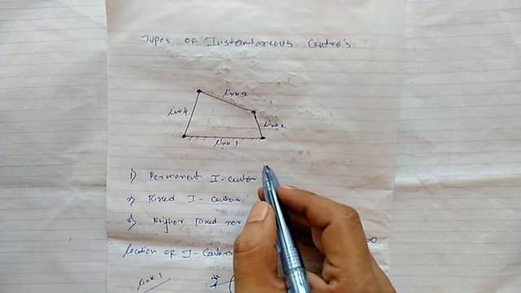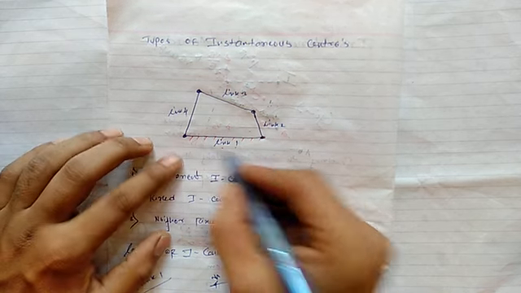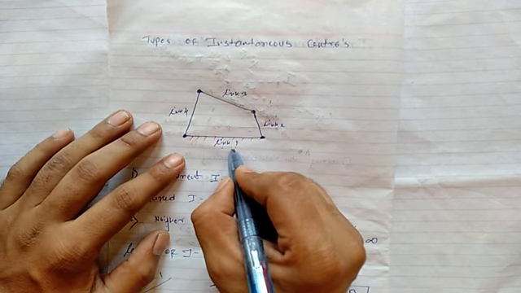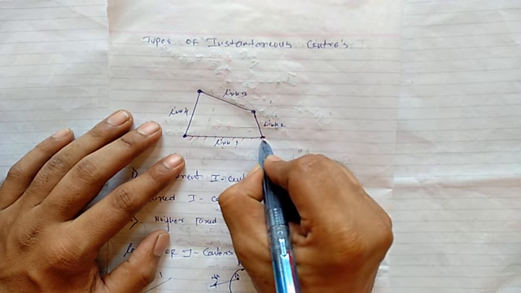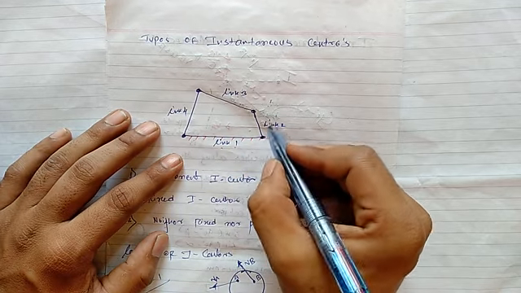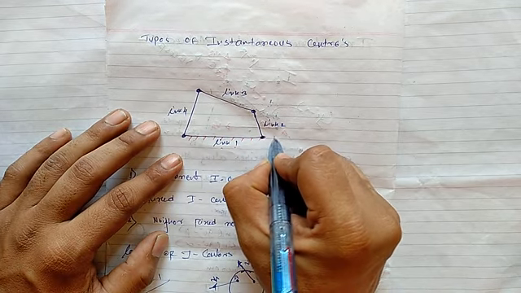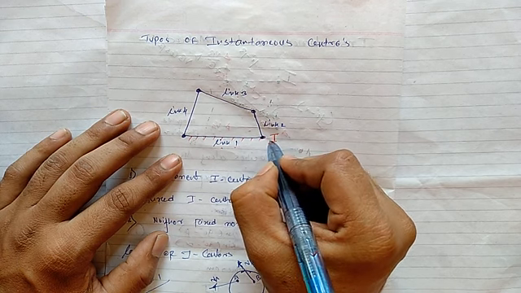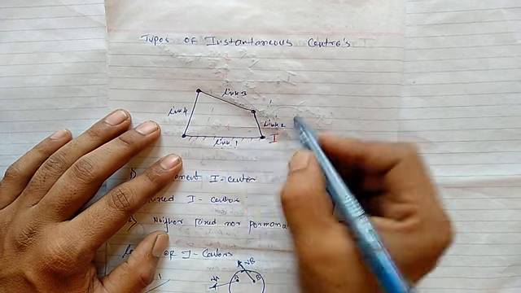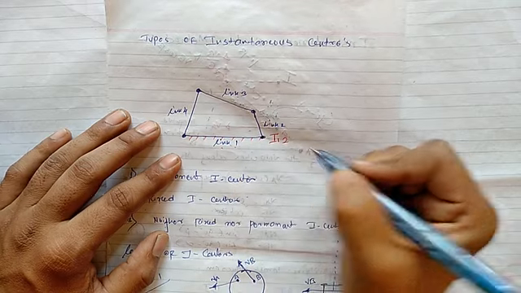In this example, link 1 and link 2 are connected here by the pin joint, and about that pin joint you give the instantaneous center between link 1 and 2, therefore I 1 2.